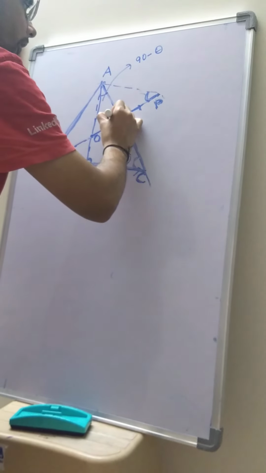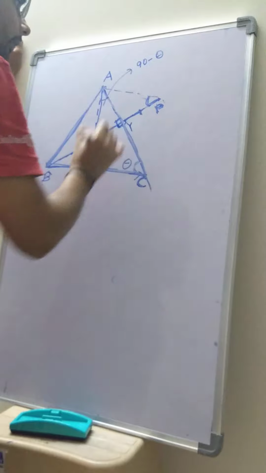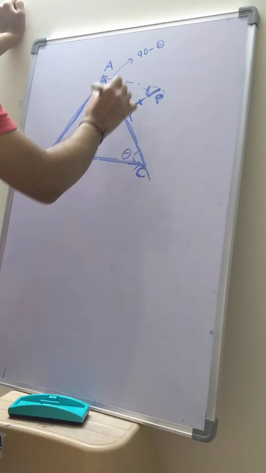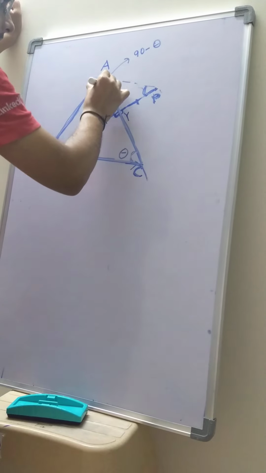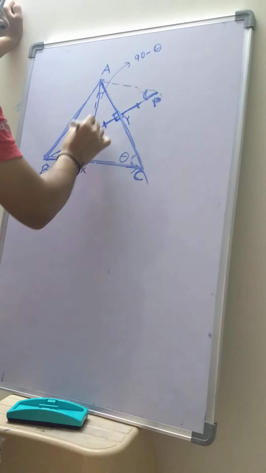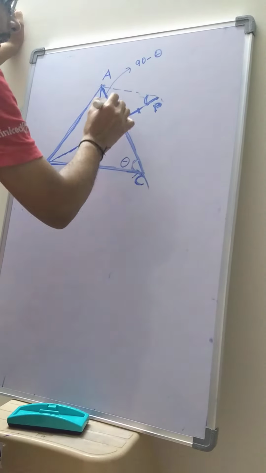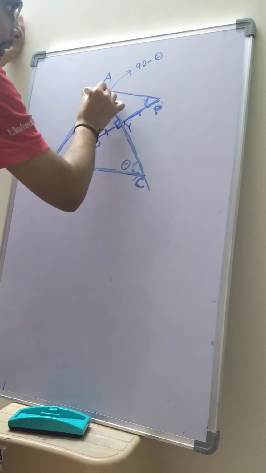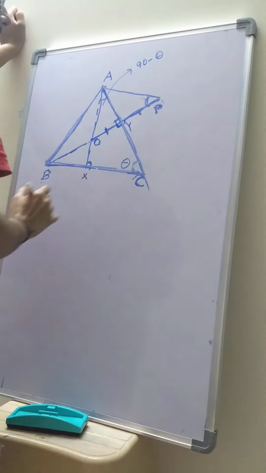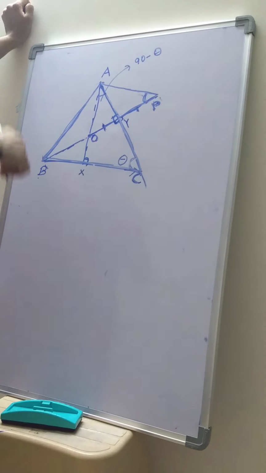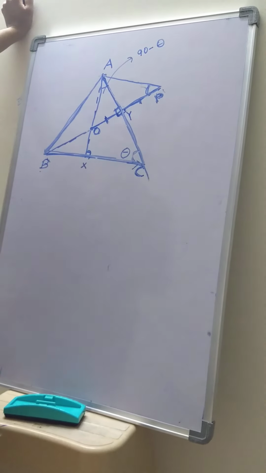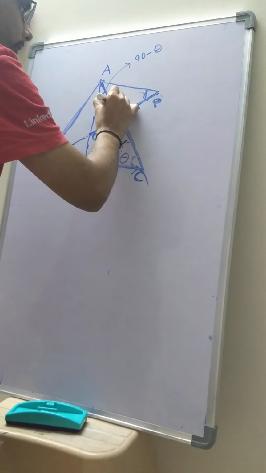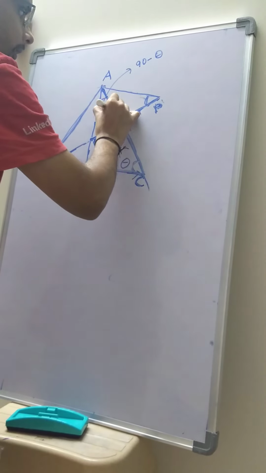So the second thing you will be able to see is that this triangle AYO and this triangle AYP have a common side, and they have two common sides.